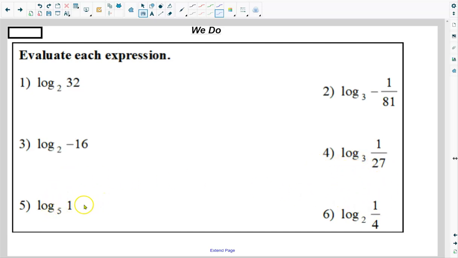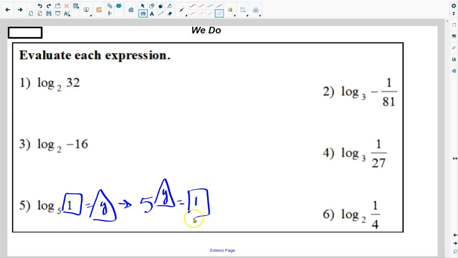This one here is pretty cool because although you forgot it, it's going to be cool to remember. We're going to have 5, what do we got, exponent y equals 1. How do we make that happen?